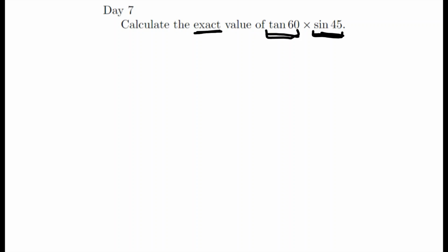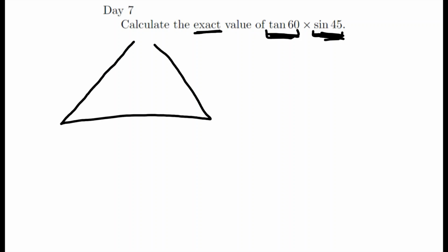Now, the way I work out these exact values is by drawing triangles. So the first one I'm going to do for the tan 60 is draw myself an equilateral triangle. And the trick here is to make your side lengths 2. Now, if we're on an equilateral triangle, all my angles are 60.